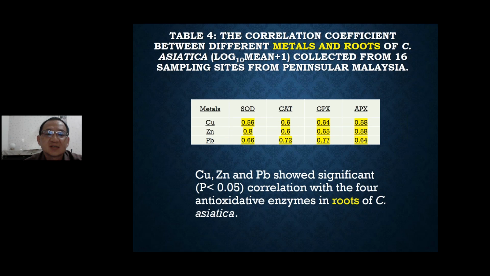And these are the results from the field-collected samples based on the roots. Interestingly, the roots all show significant positive correlations with the three metals together, with the increased level of the four enzymes investigated in this study.